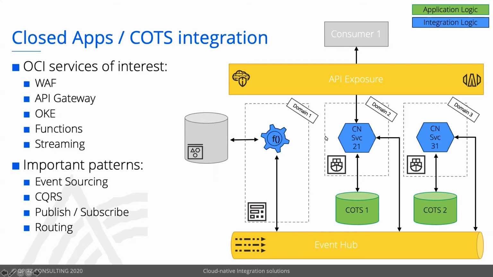And if those services or those commercial off-the-shelf systems also need to talk to each other, we can do that using the event hub. So if we have a data change here in this system, which is also interesting for the other commercial off-the-shelf system, then we just publish an event.